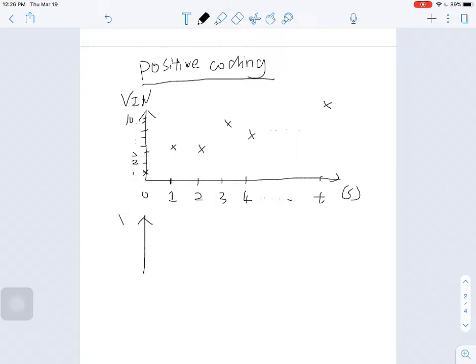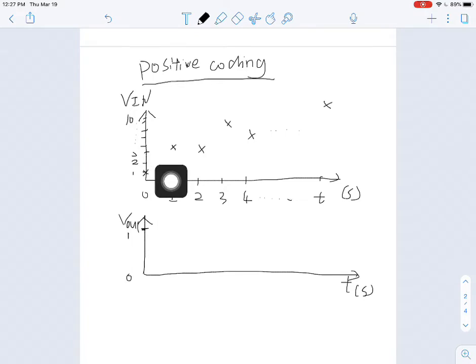The digital output is going to be either high or low, 1 and 0, and this is also time. So are you able to, by using the given analog voltage at each time step, find the corresponding 3-bit binary code?